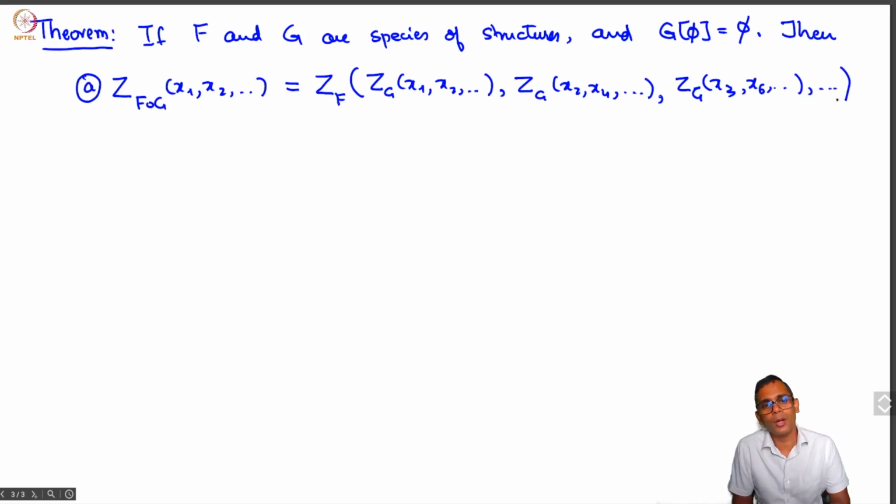This is certainly more complicated than what we saw for sums and products, and in fact the proof is harder, and I'm not going to prove it in this course, though we will play with these formulas.